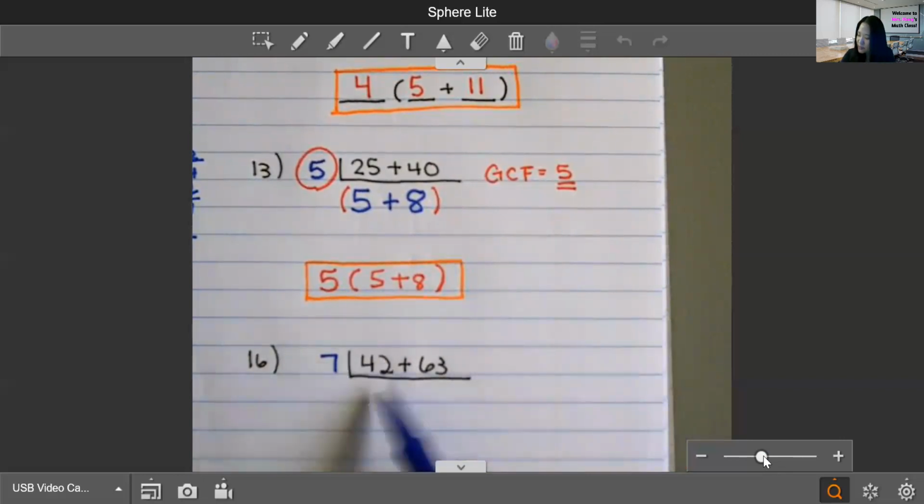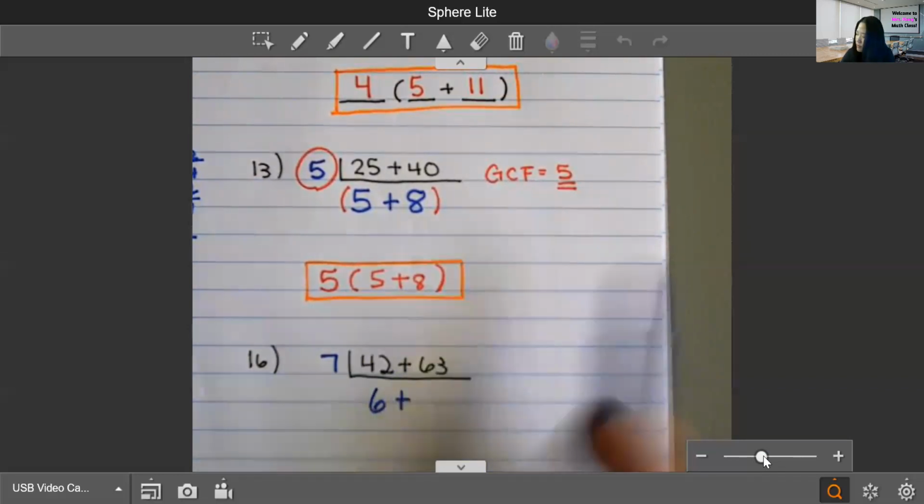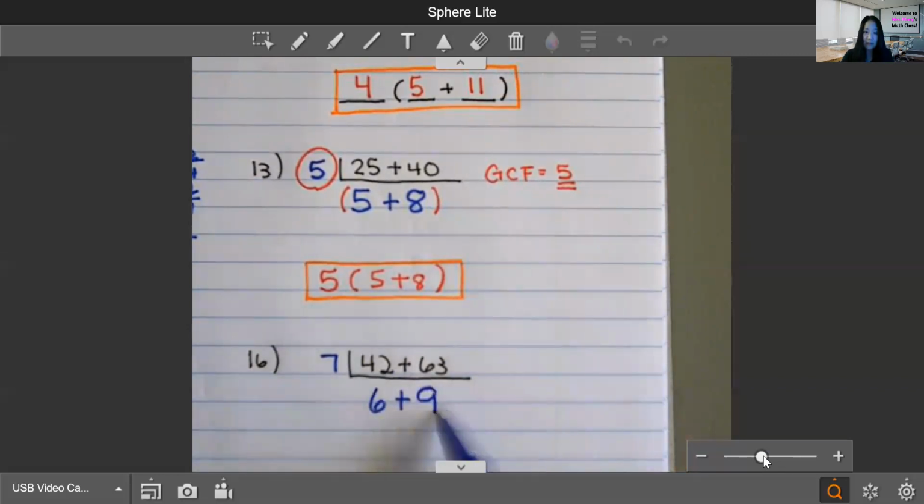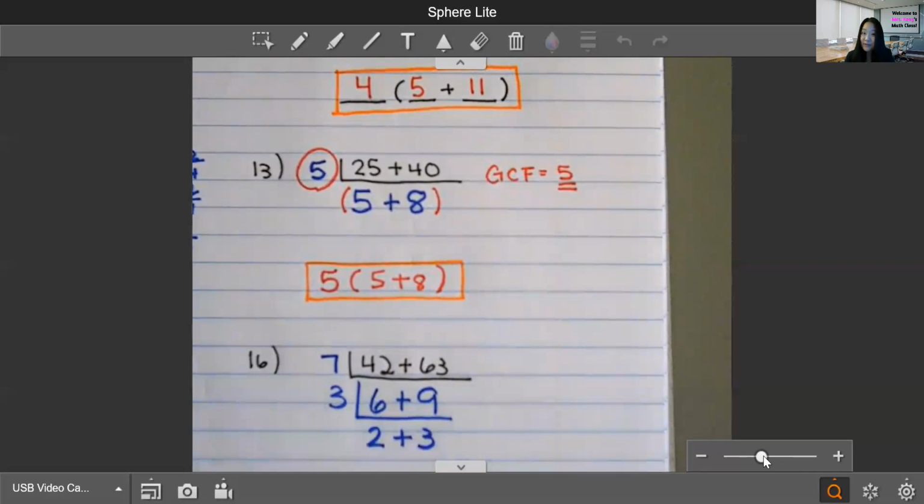7 goes into 42 6 times, plus 7 goes into 63 9 times. Okay, 7 times 6 is 42, 7 times 9 is 63. 6 and 9, you can still divide by 3. 3 goes into 6 twice, plus 3 goes into 9 3 times. Now you need to stop.